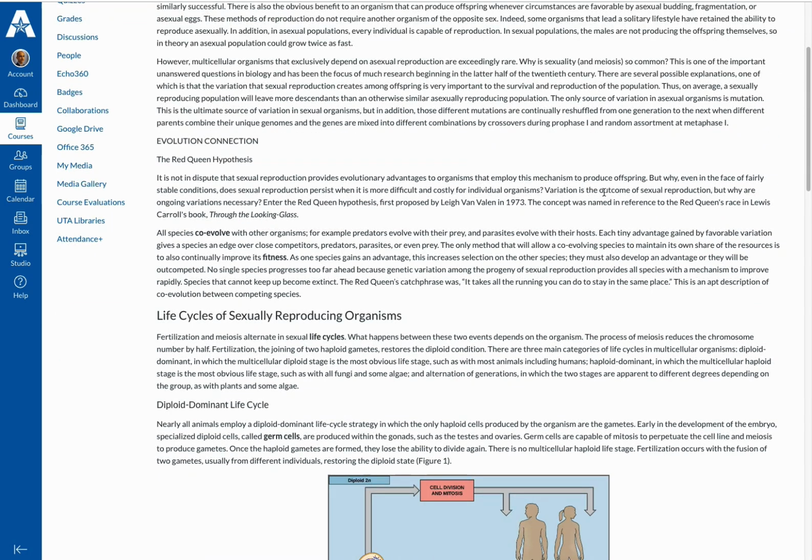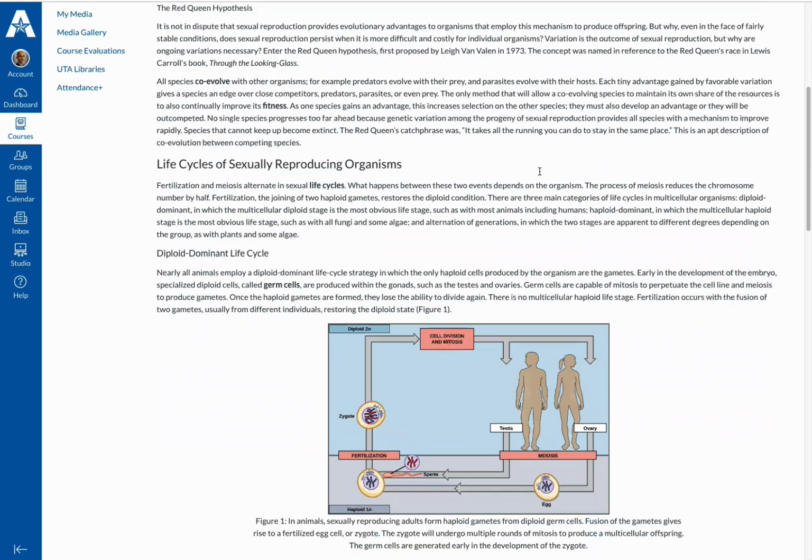Okay, last thing to talk about are life cycles. So humans are primarily diploid dominant, which means we spend most of our lives in a diploid state. We only briefly are in a haploid state, and that's when we're in the sperm or egg cell form.